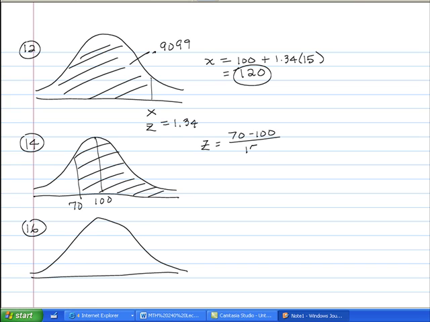Okay, so we want to look that up on our table, 0.0228 is the area to the left of the z-score.